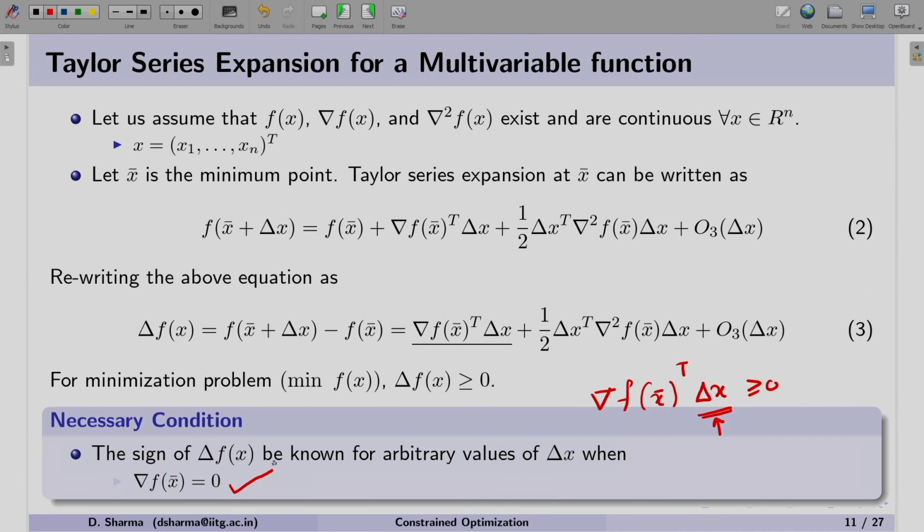So this particular condition is known as the necessary condition for the unconstrained optimization problem.